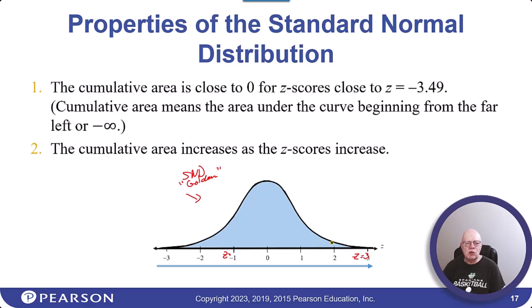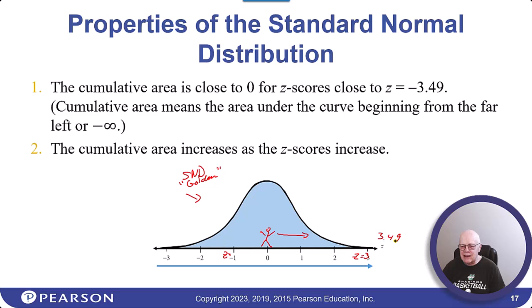So if this were a physical place and you started walking from the axis of symmetry, the center or the mean, and you're painting under the curve, once you get out here to about 3.49, you can just about put your paintbrush away.